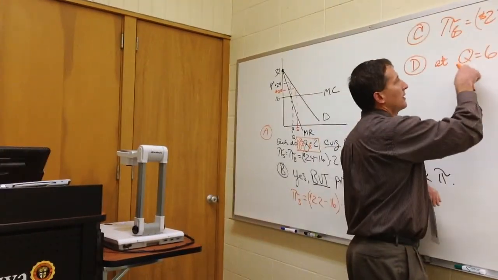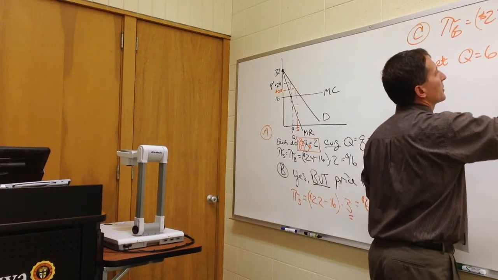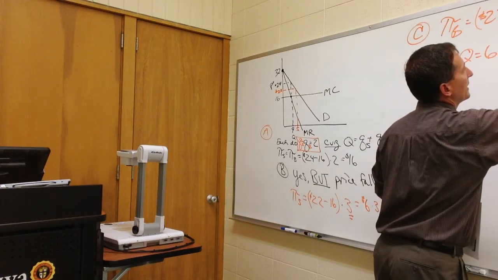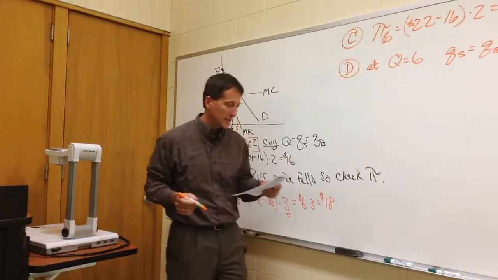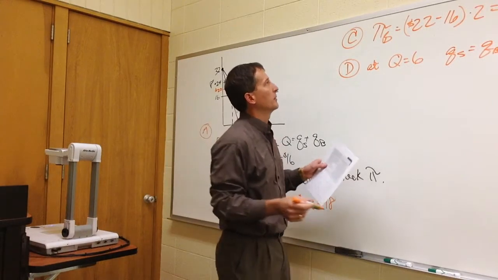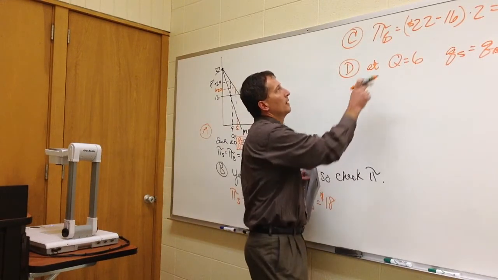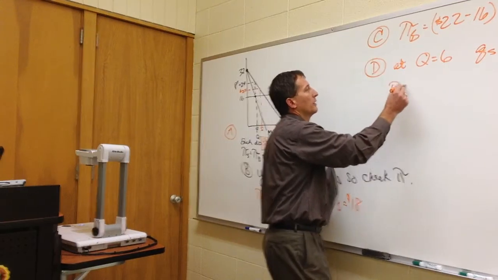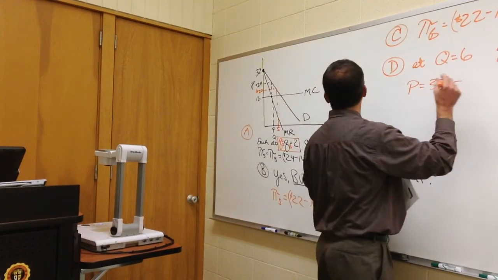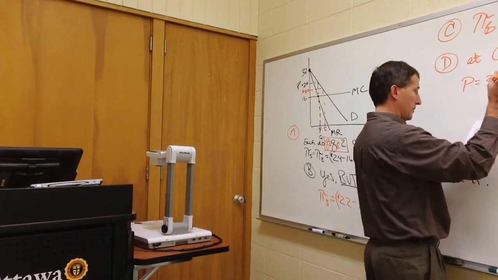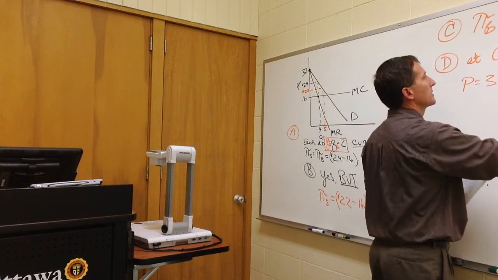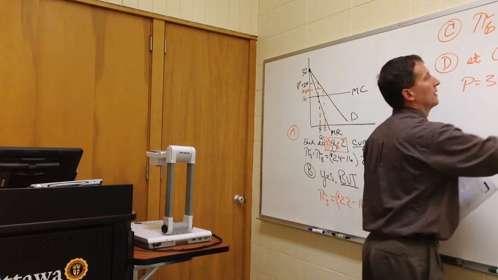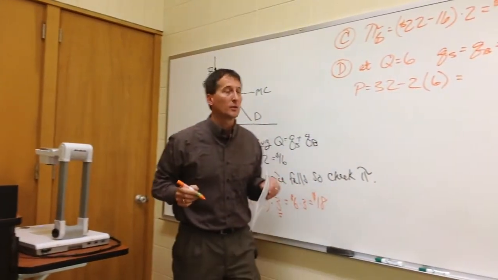So at Q equal to 6, we've got Squeaky Clean and Biobase splitting it at 3 apiece is what the question's asking. How much profit will each firm earn? So we need to determine the new market price, 32 minus what is it, 2Q? Yeah, 2 times 6 now. And what's the new price? 20.